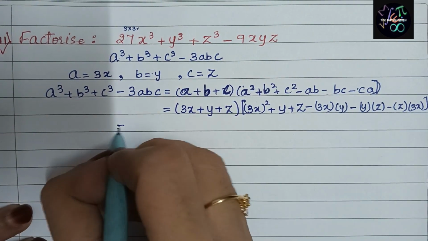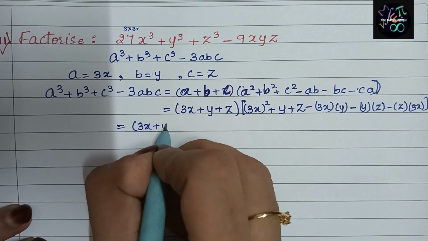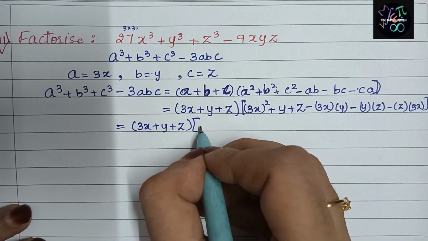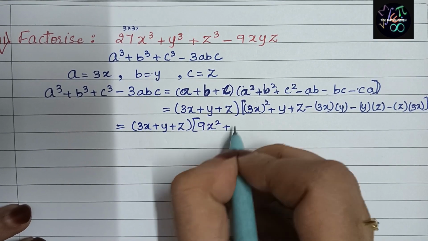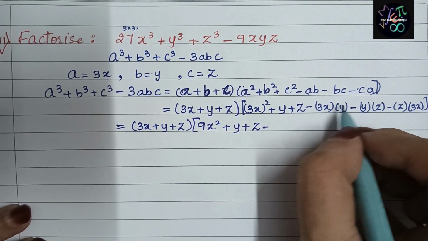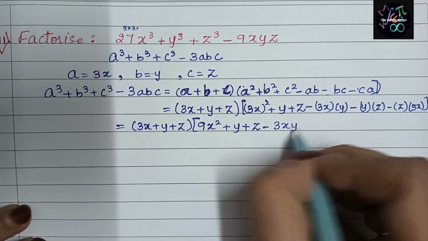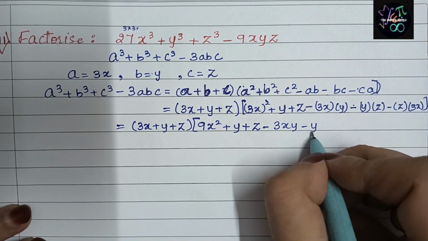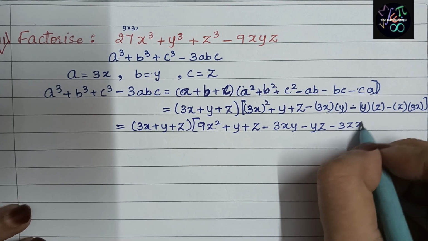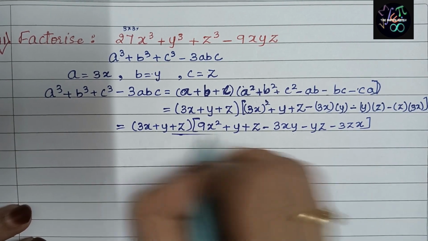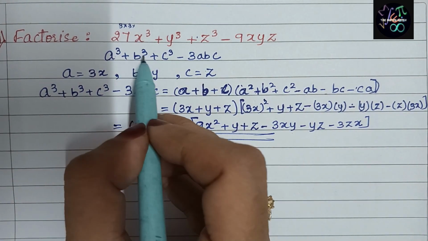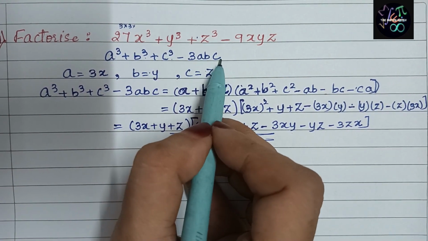Let us write this: 3x plus y plus z. They are unlike terms, so we have to keep as it is. 3 square 9x square plus y square plus z square, minus 3 into xy, 3xy, minus y into z, yz, minus 3 into zx, 3zx. So this is the answer for the given question, because they were in the form a cube plus b cube plus c cube minus 3abc.